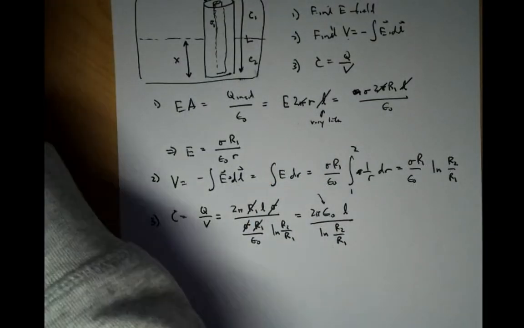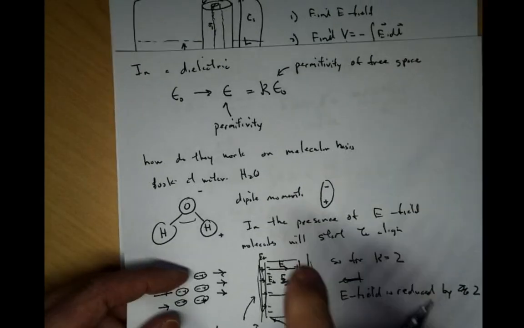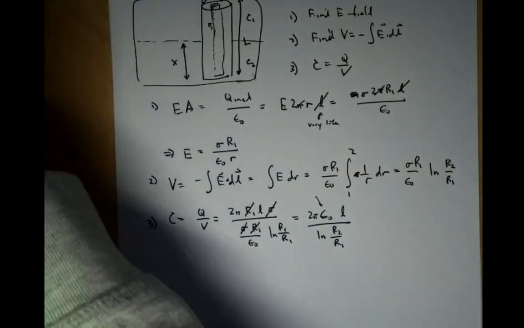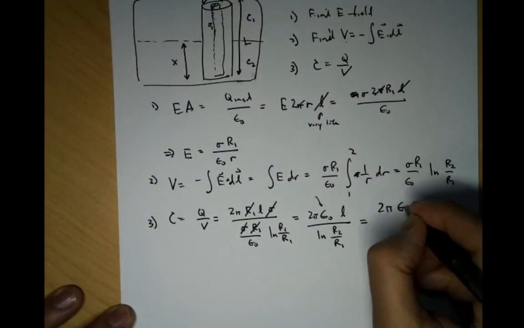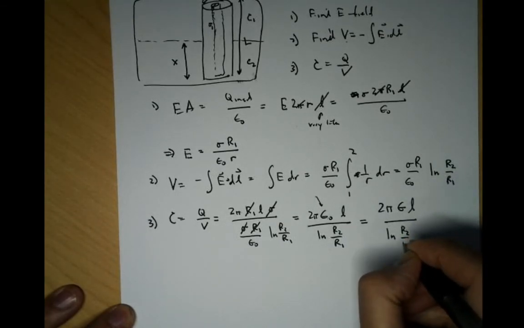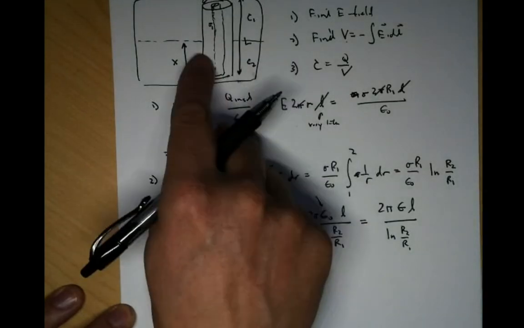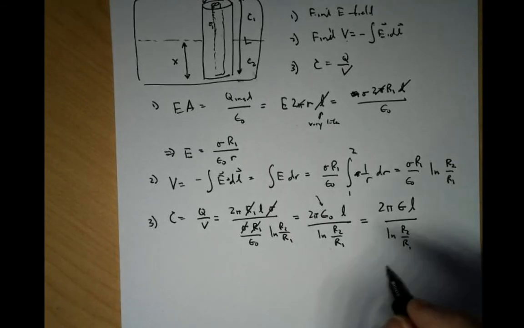So as I mentioned earlier, we're going to replace everything with epsilon here. This is going to be equal to 2 pi epsilon L over logarithm r2 over r1. Now, this is the same r2 over r1 for top and bottom, so I don't really care about that. This L will change, right?